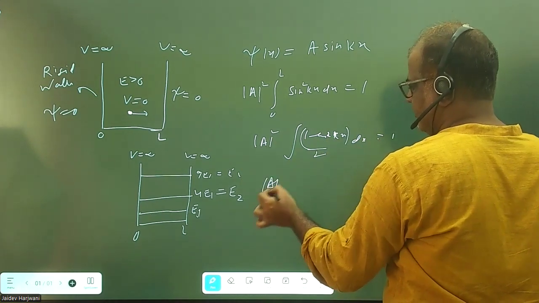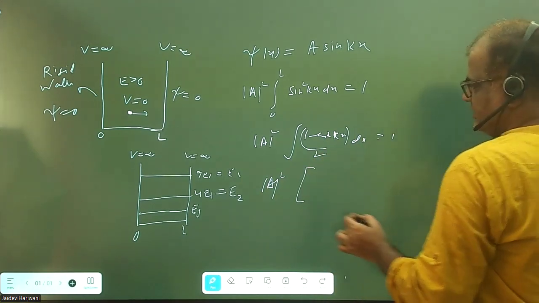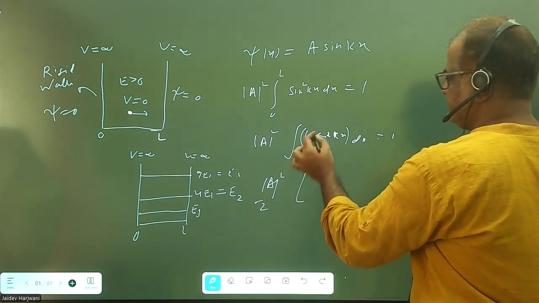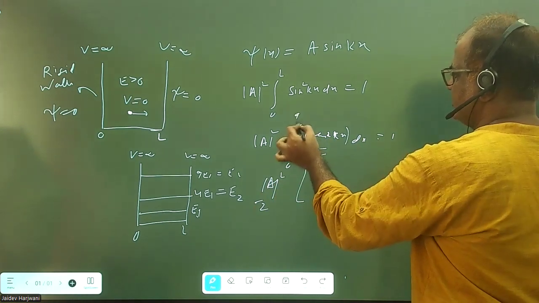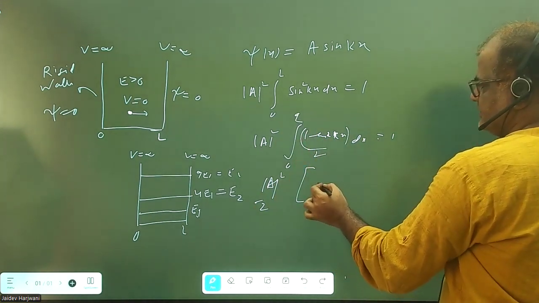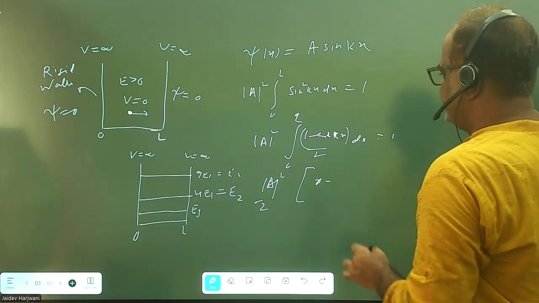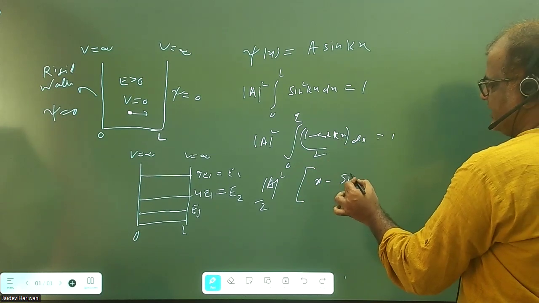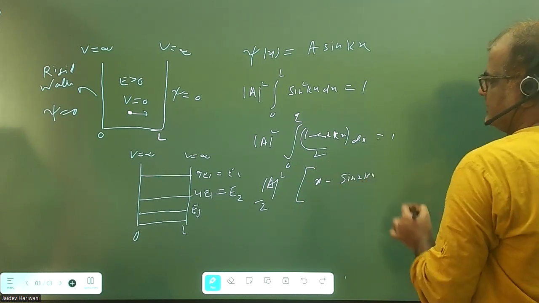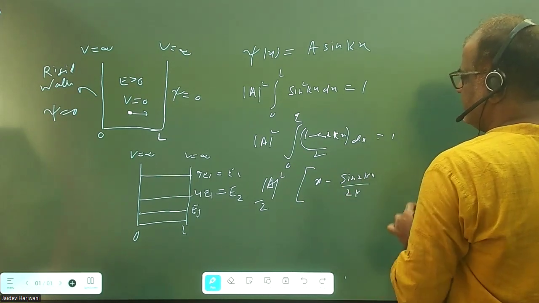Now mod of A square, 1 by 2 is here. The box is 0 to L. And now you have x minus, if you integrate cos 2kx, this will be sin 2kx, and you have a 2k here.